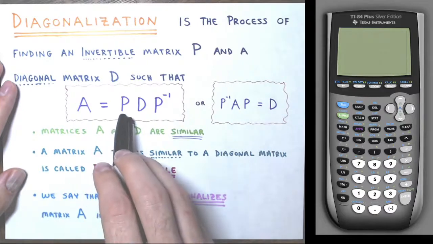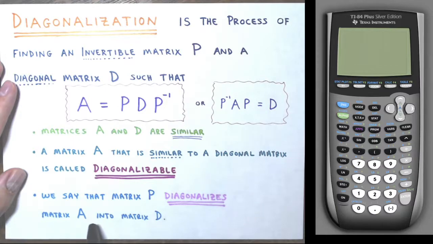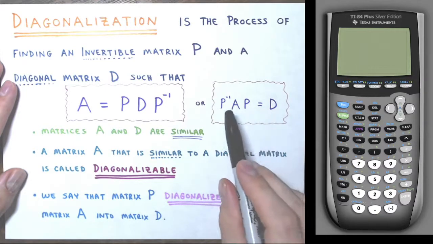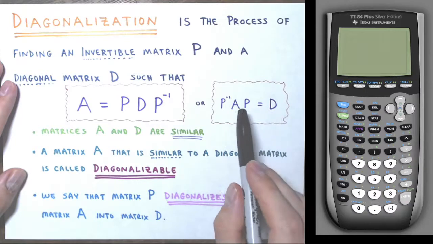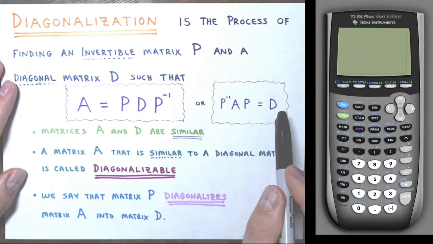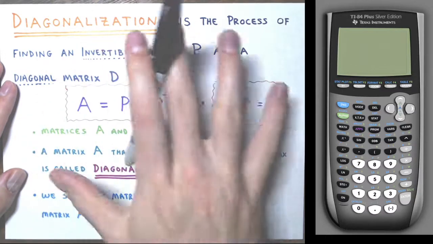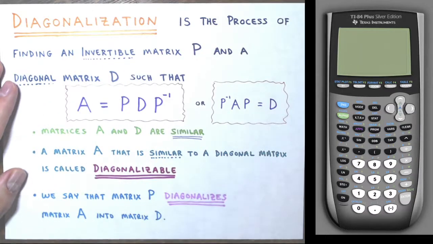And we say that this matrix P that we find, this P and P inverse, diagonalizes matrix A into matrix D. That would be like this equation over here, because I could multiply A by P and its inverse to transform it into a diagonal matrix. So we say that the matrix P diagonalizes matrix A into matrix D. Lots of fancy words involving the word diagonal there.